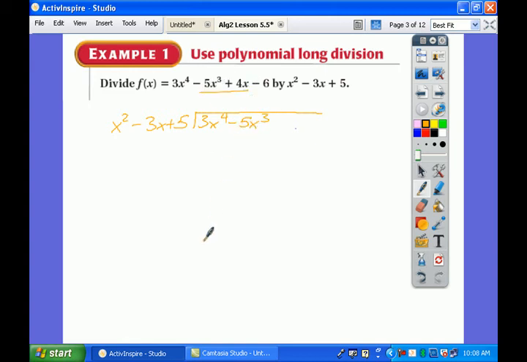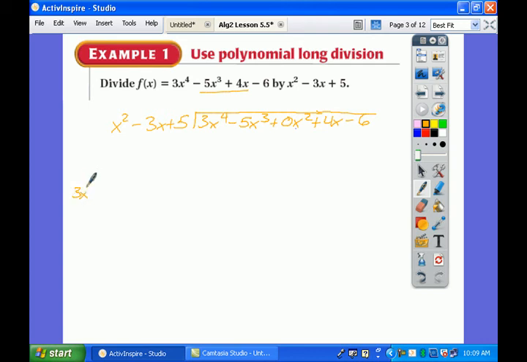Okay. So I'm at 3x to the fourth minus 5x cubed, but notice how there's no x squared term here. We need to add one. So we'll add 0x squared plus 4x minus 6. And now we're going to do division.